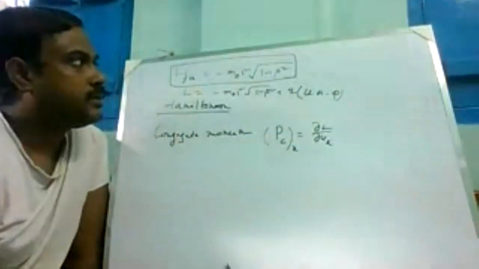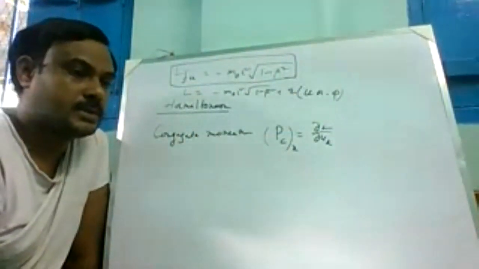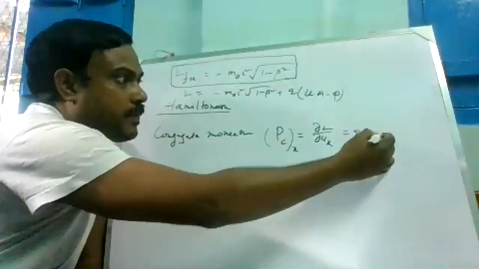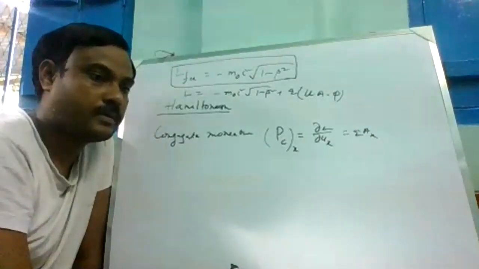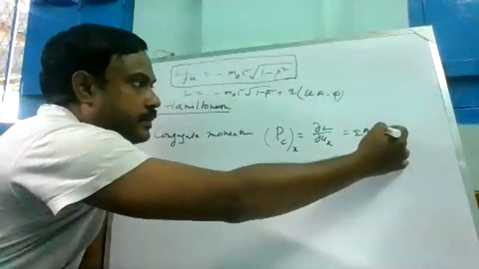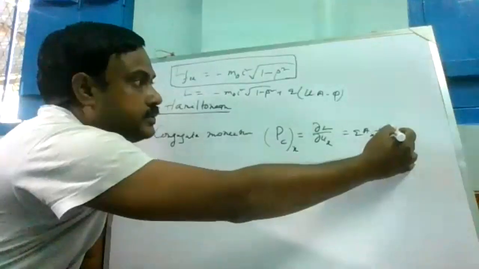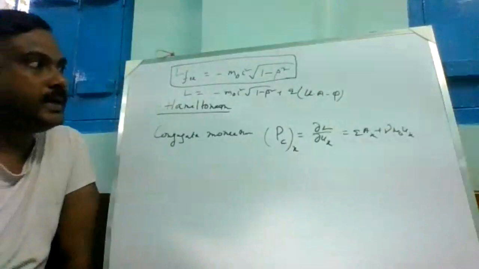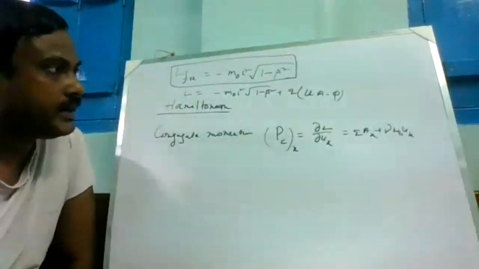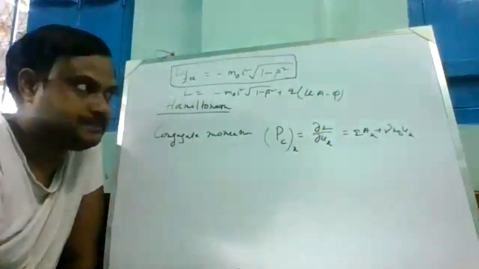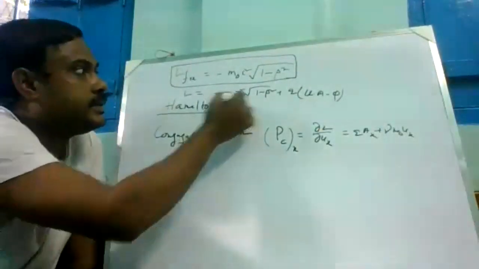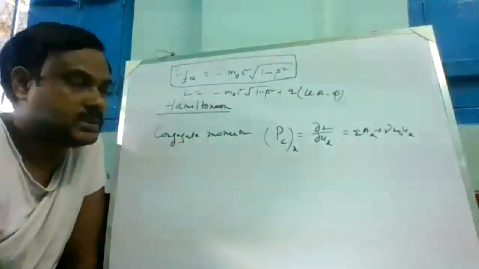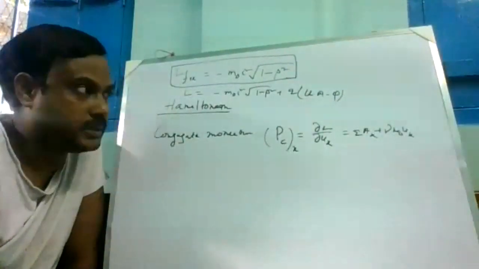Now if you perform ∂L/∂u_x, then it will be qA_x plus γ m0 u_x. We have already done ∂L/∂u_x, so check that this differentiation with respect to u_x will give you this. We have already done it.